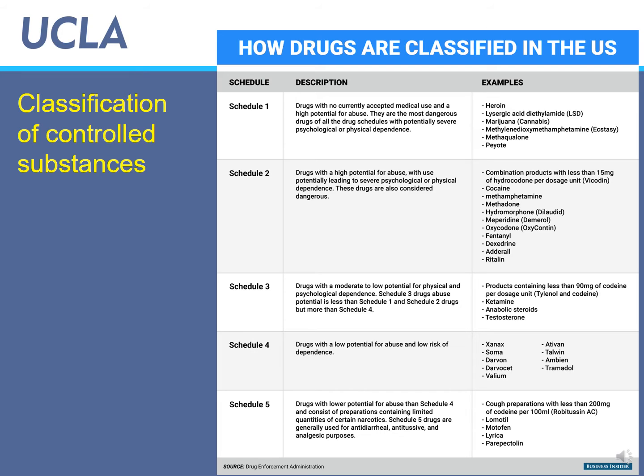So now they are Schedule 2 instead of Schedule 3. The difference is that with Schedule 2, the patient cannot have refills anymore. So every time they want a refill of their prescription of OxyContin or Vicodin, they need to see their provider.